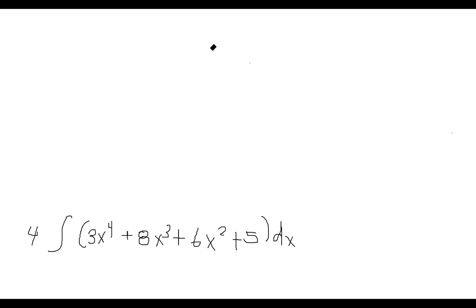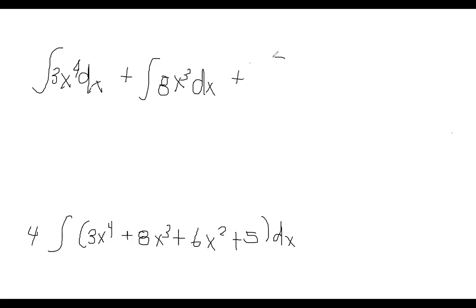So let's have this. If we separate it, we'll have the integral of 3x to the power of 4 dx plus the integral of 8x cubed dx plus the integral of 6x squared dx plus the constant, which is 5 dx.